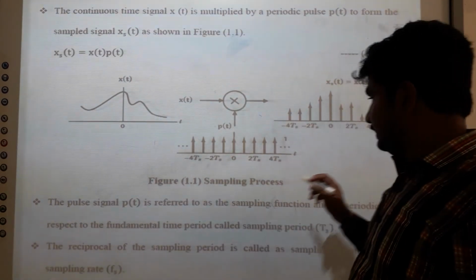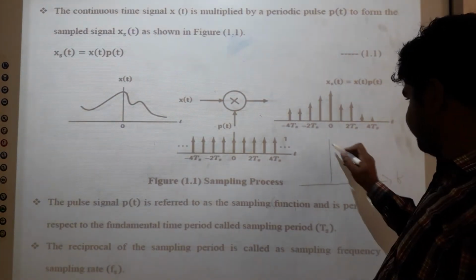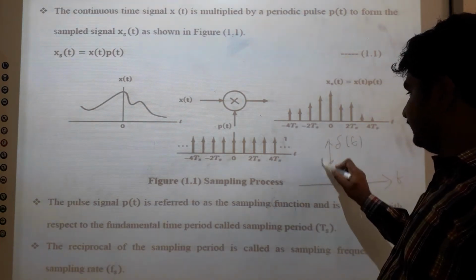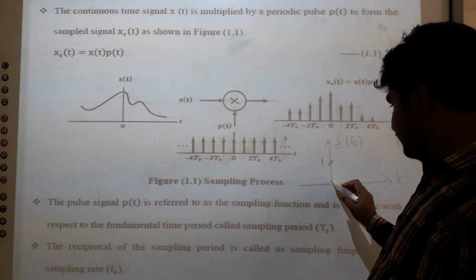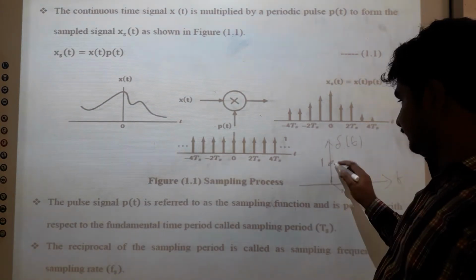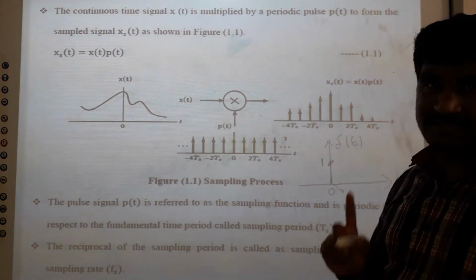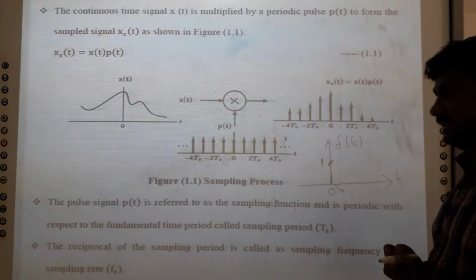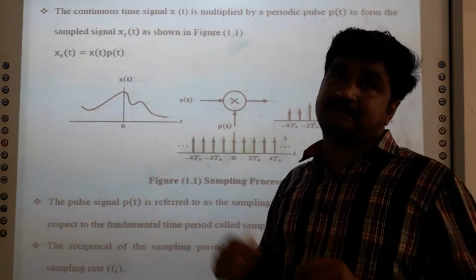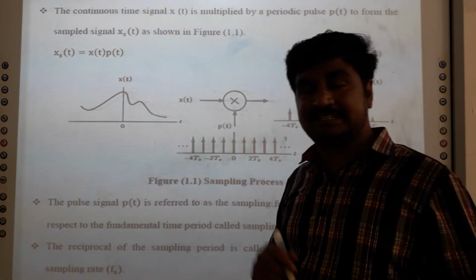Generally we will call this signal the impulse signal, del of t, and the amplitude of the pulse signal is 1, and the area cannot be defined. At time t equal to 0, it will be defined. This is called an impulse signal. But we are going to have a series of impulses, and we can call that signal an impulse train.